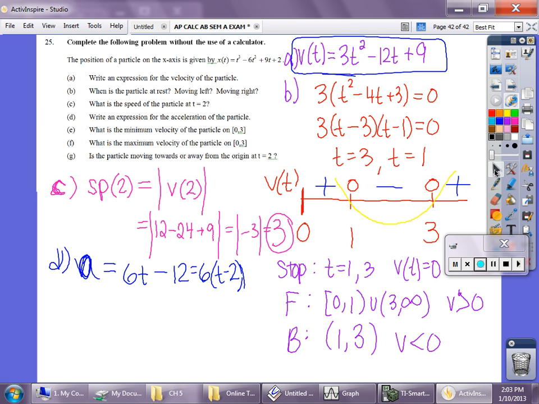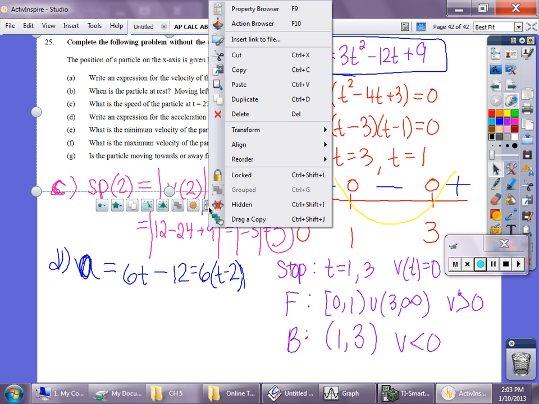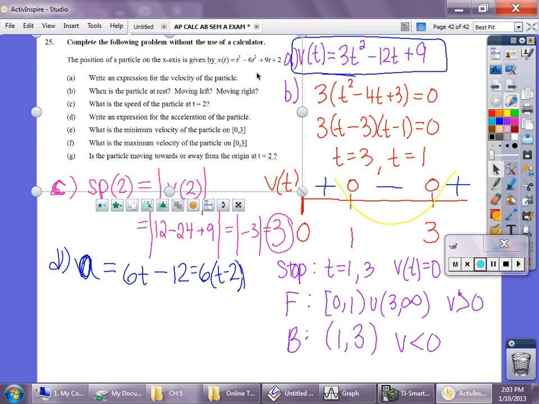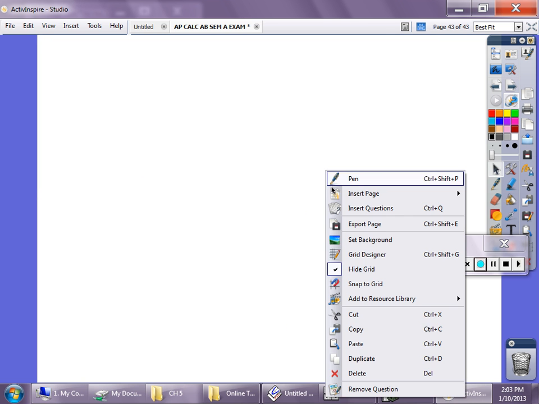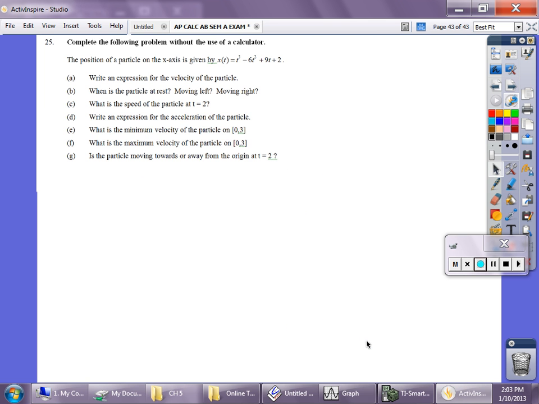So I'm actually going to take this to a new page so we can finish the question. All right. So now letter E asks me the minimum velocity.